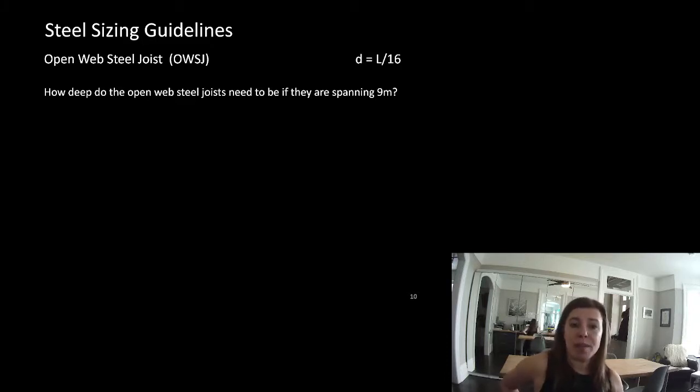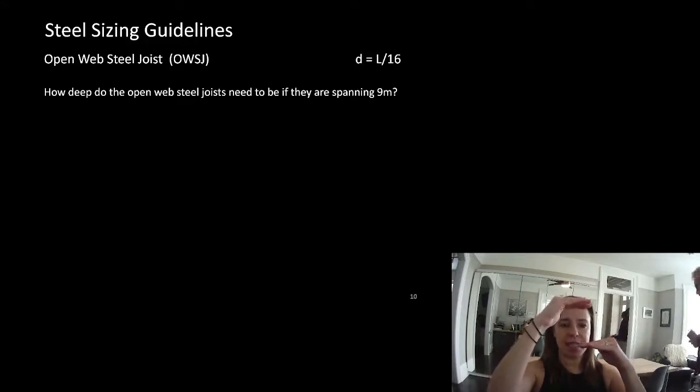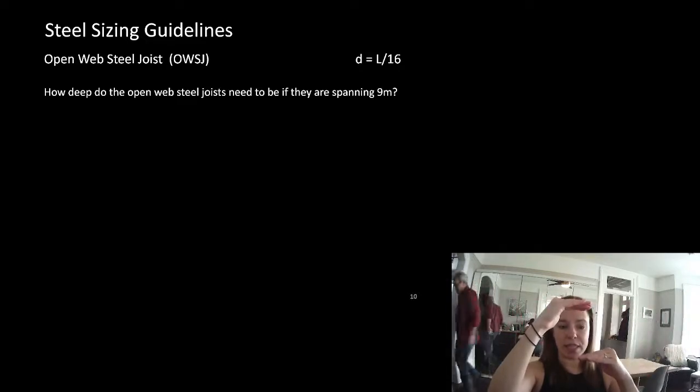We know that it comes in 50 millimeter increments, so 550 and 600. Now this sizing guideline said we needed it to be 562.5 millimeters deep. We know it could come in 550 or it could come in 600.